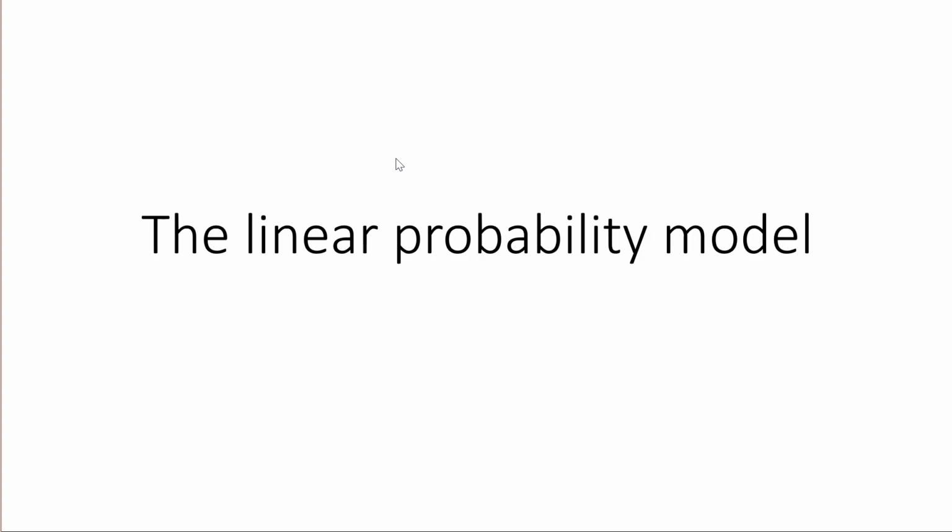So in this lecture, we will also look at dummy variables, but with the difference that the dummy variable will become the dependent variable in this case. For a concrete example, let's say that I have data on students and the dependent variable is whether they pass the final exam or not.